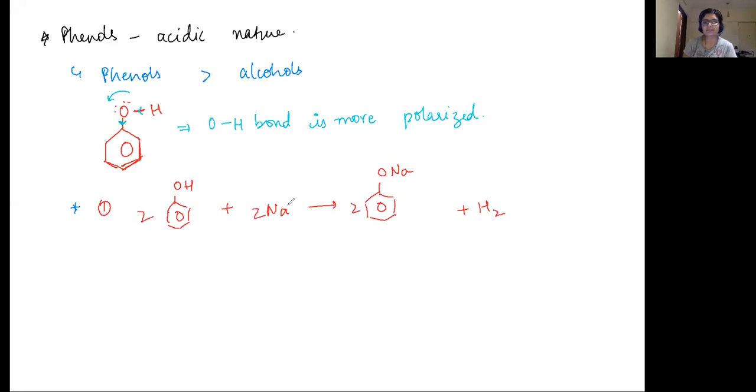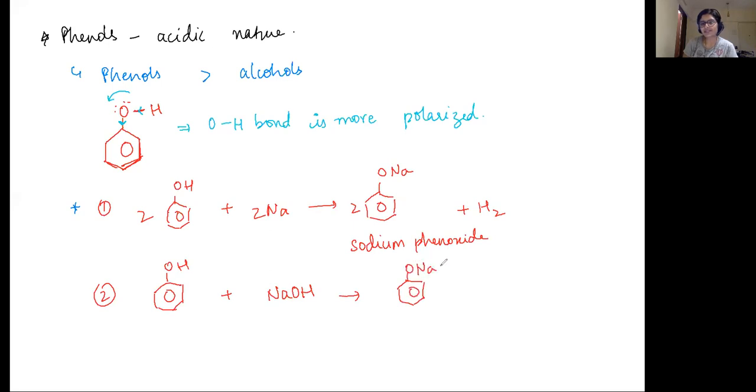This particular compound is called sodium phenoxide. Now, phenol also undergoes a reaction with NaOH. So you take phenol plus NaOH, which also gives sodium phenoxide plus water.